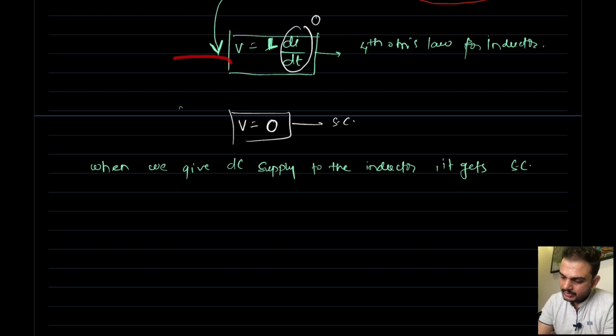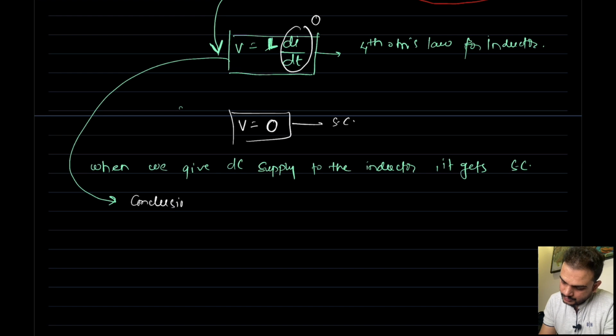Now from this formula, V is equal to L di by dt, what conclusion can we write? That is the conclusion for the electromagnetic domain.